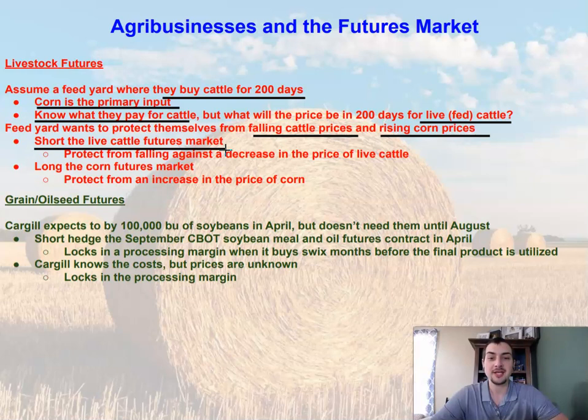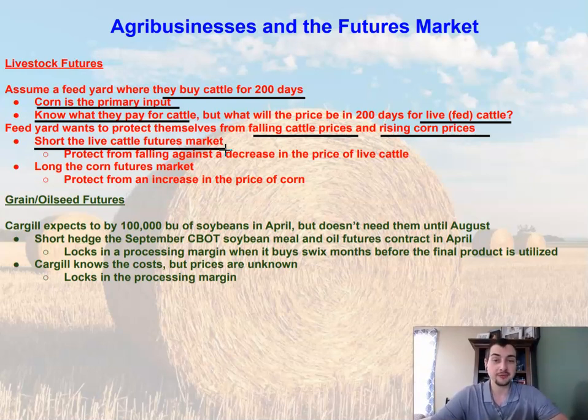They're going to be selling cattle here in the near future, and because of that, they're worried about prices dropping. If you're going to be selling an output and you're worried about prices dropping for that particular output, you short the market. And the reason why, and we're going to get into a couple more examples that really hammer this idea home, is that if prices fall in the cash market, they're probably going to fall in the futures market. They tend to work in the same way.